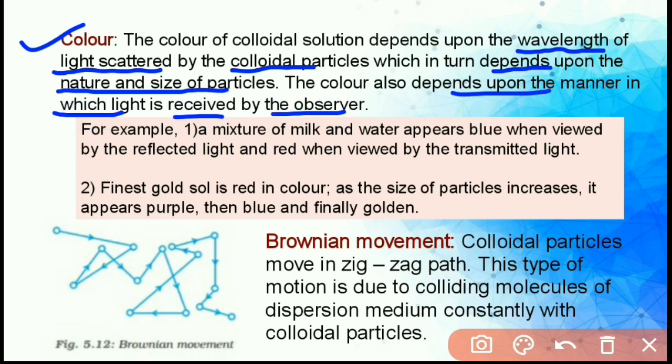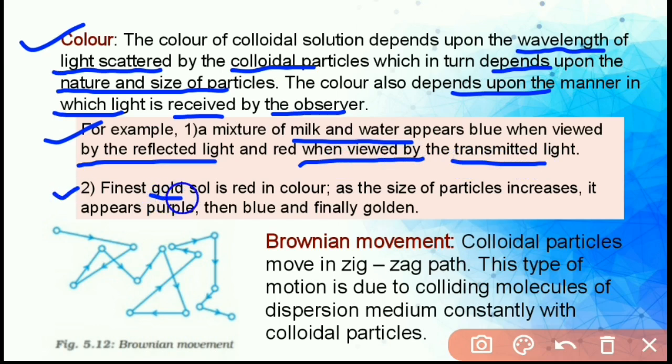For example, a mixture of milk and water appears blue when viewed in reflected light, and red when viewed by transmitted light. Next example, finest gold sol, fine particles of gold, is red in color. As size of particle increases, it appears purple, then blue, and finally golden in color.